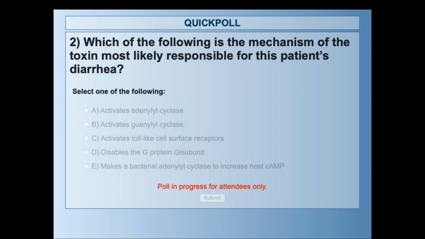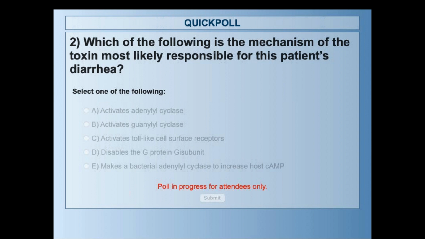Looks like you guys are jumping all over this one. So far, so good. I'm seeing strong support for one of the options. About half of you have voted, so let's give you a few more seconds.